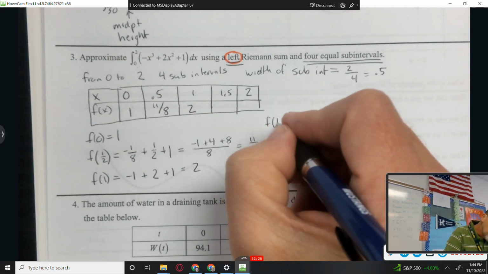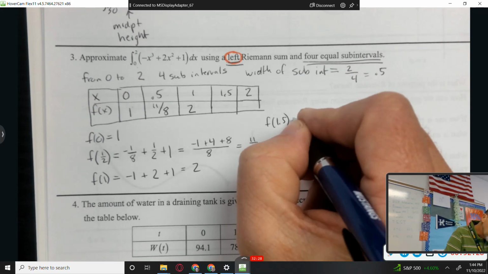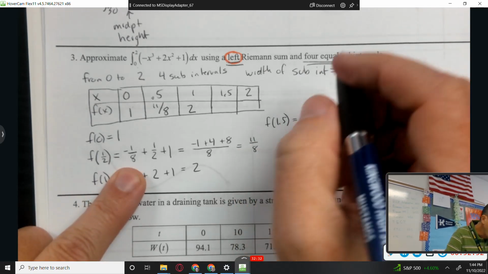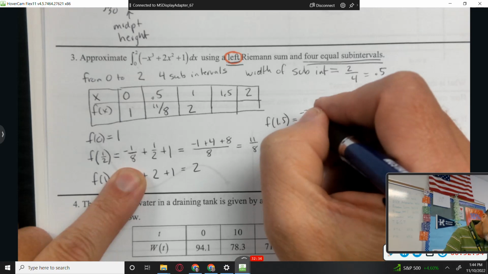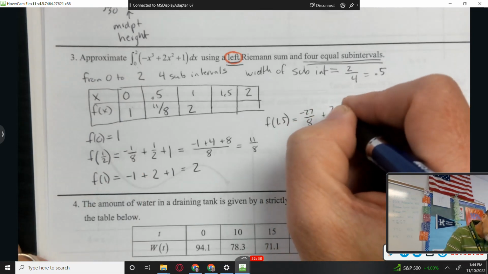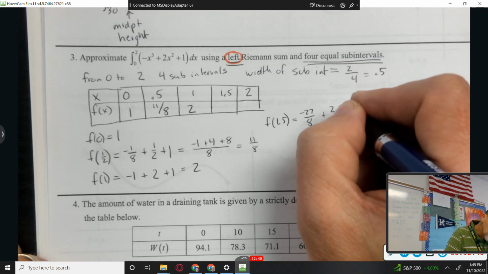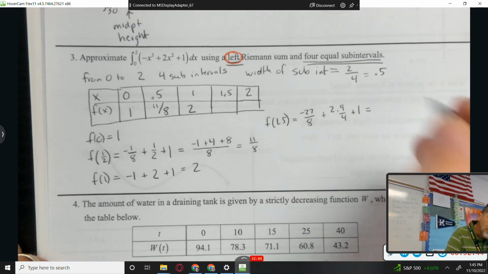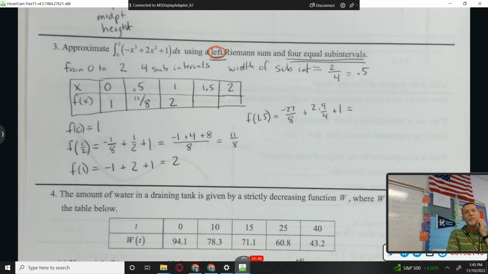F of 1.5. It's the same thing as 3/2. Yeah, maybe we should think of that as 3/2. So that would be -27/8 plus 2 times 9/4 plus 1 equals B. Do you want me to do that?